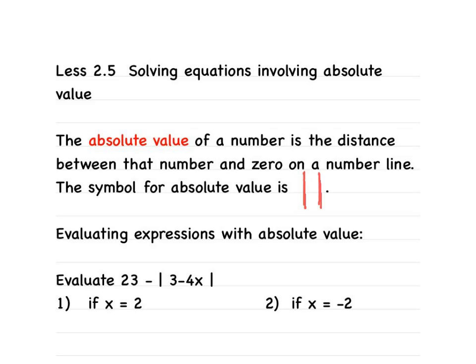So the symbol is where you have the enclosed variable, number, or expression within 2 bars, and these bars are slightly longer than the actual number or variable.